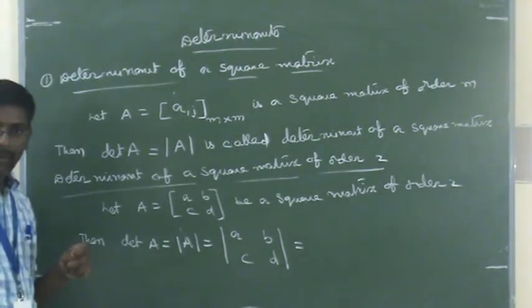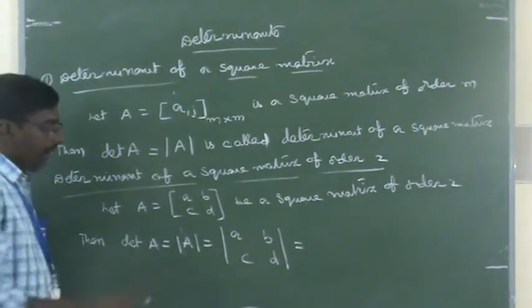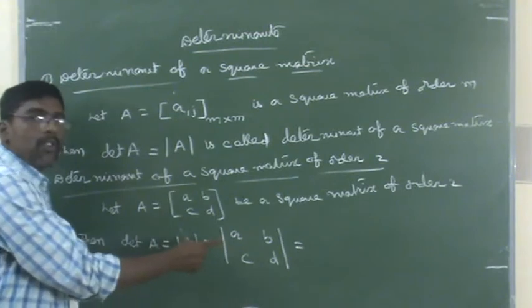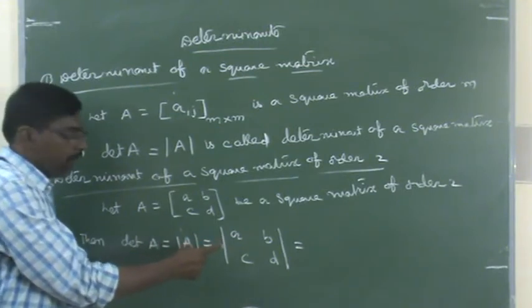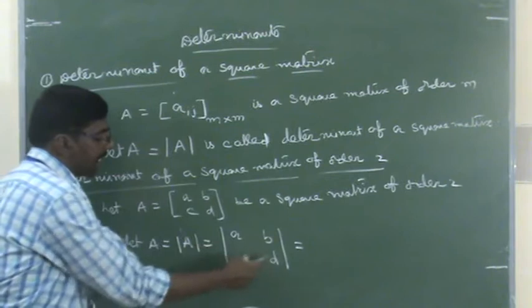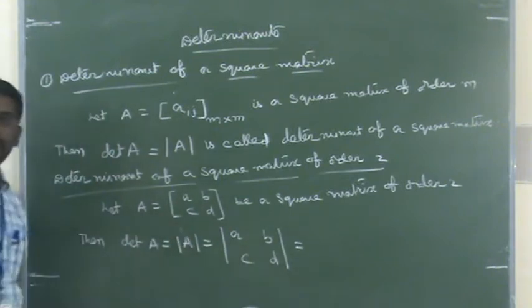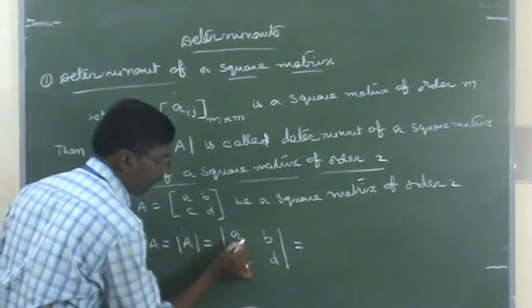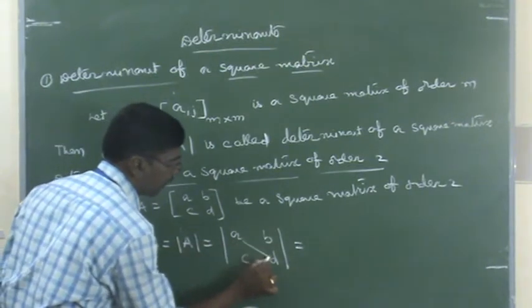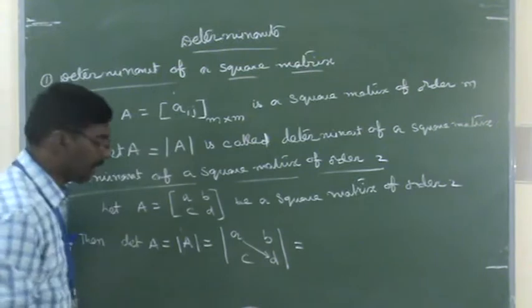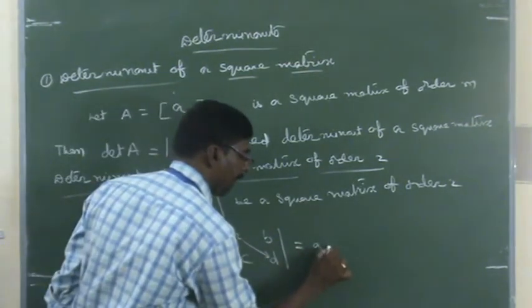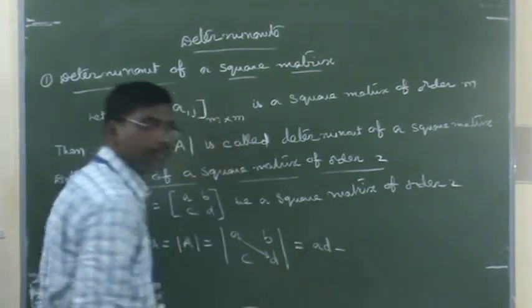The determinant of a square matrix of 2 by 2, determinant of a, b, c, d, means: multiply a into d, listen very carefully, that is ad, minus.